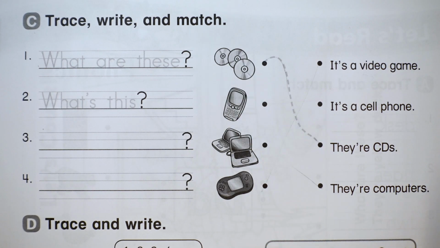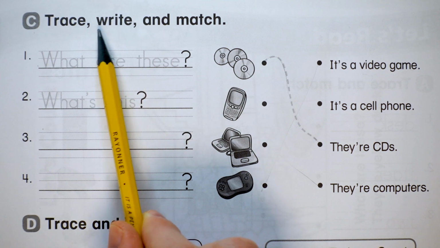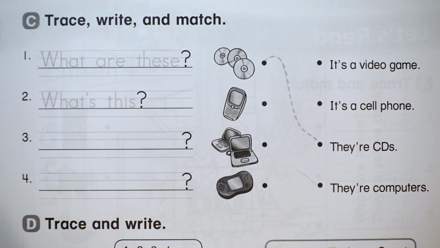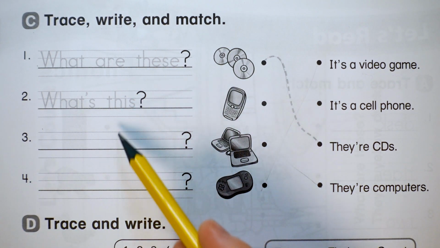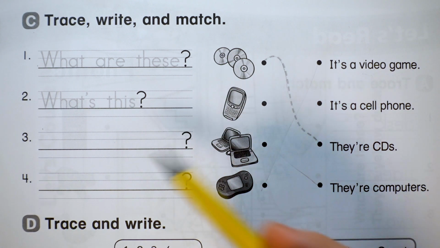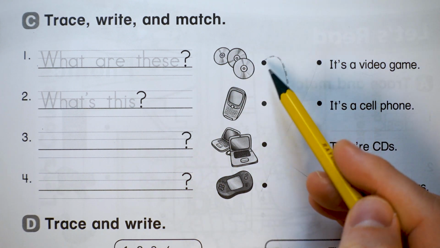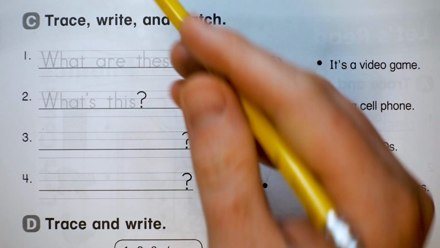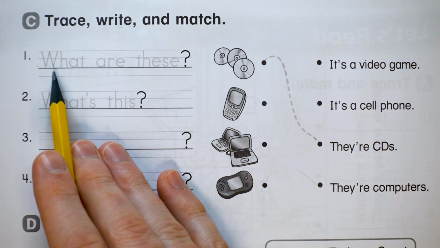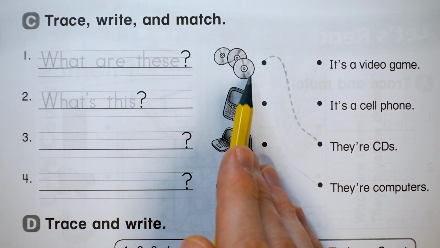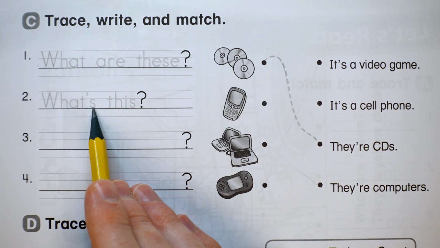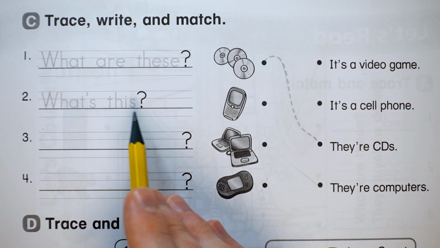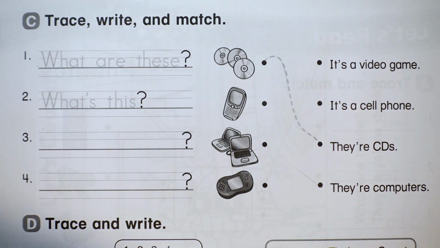Okay, this is part C, and it says trace, write, and match. So we're going to write the questions over on this side, and then we're going to look at the picture, and we're going to draw a line to the right answers from this side. And our questions can either be, what are these, if it's more than 1, or what's this, if it's one thing.